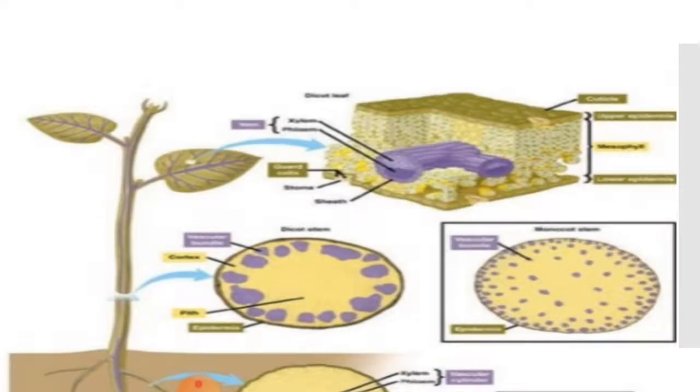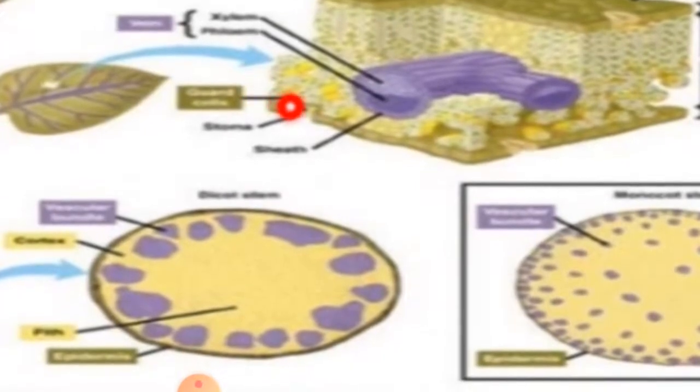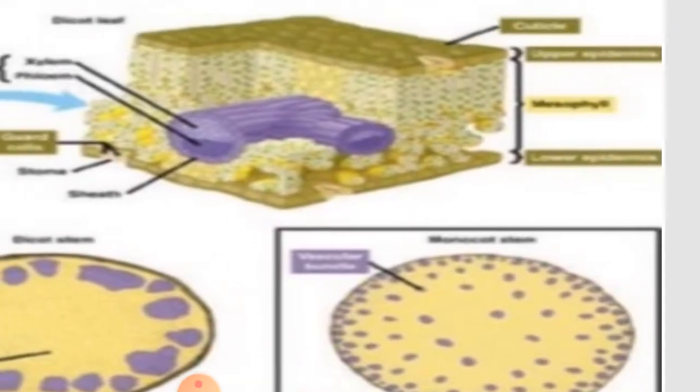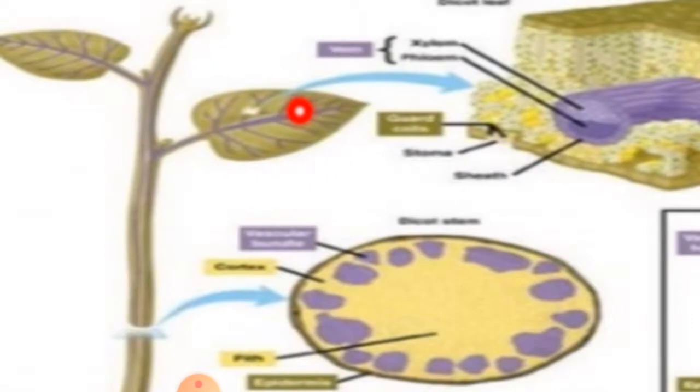The gas exchange takes place through these epidermal cells, in the epidermis layer, where stomata are present.